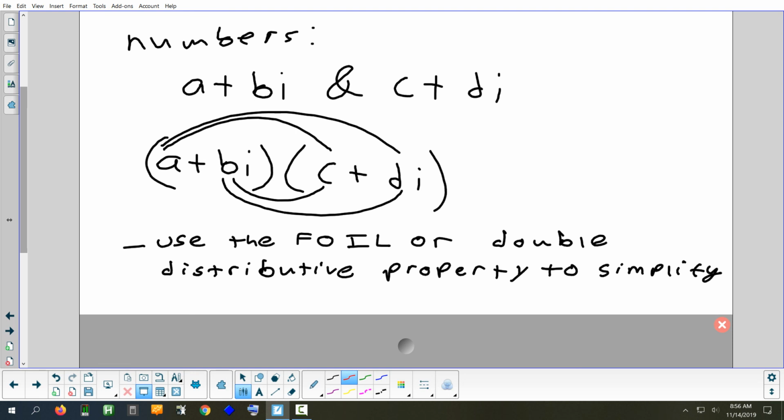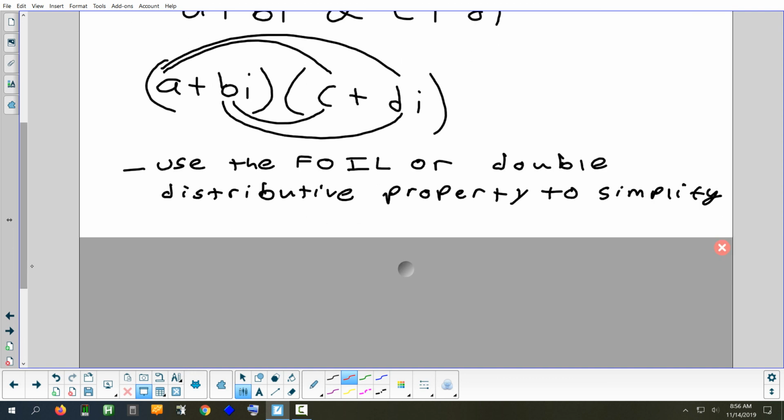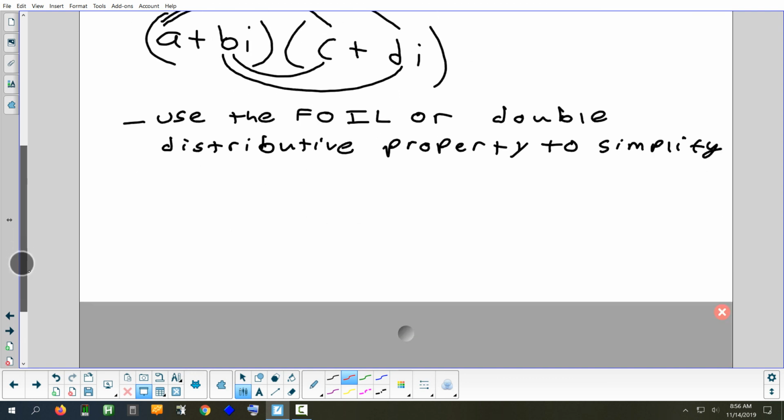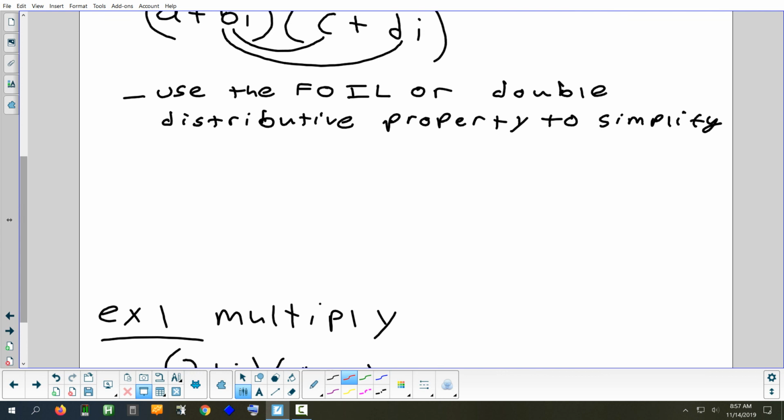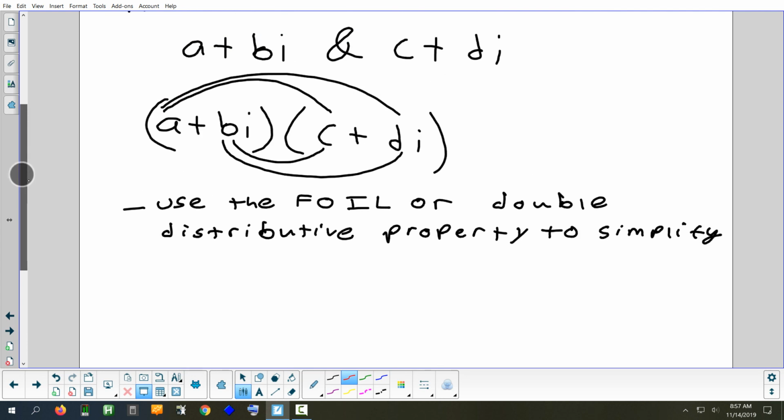So if it helps you, you can remember all the multiplications to do by remembering FOIL, which tells you which ones to do, or just think of it as the distributive property twice. Distribute a to both, distribute bi to both. So what's bi times c?